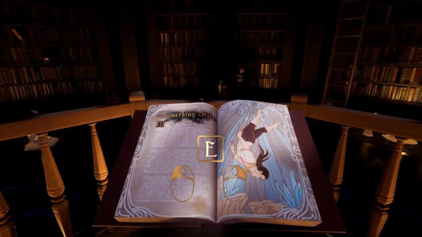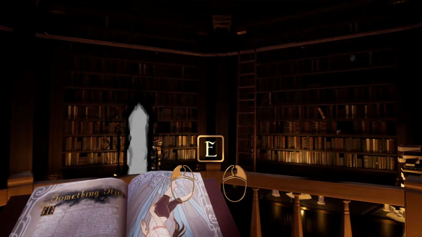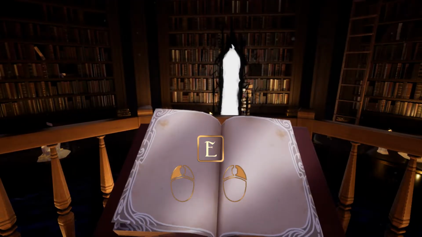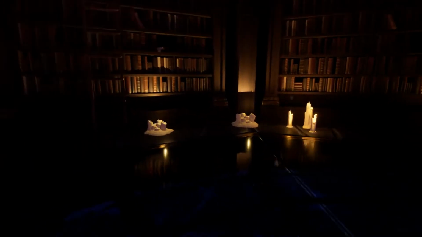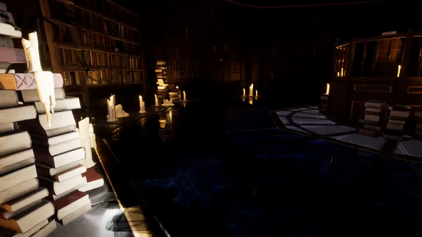E. Okay, cool. The door is gone. We are walking over knowledge. How cool is this?